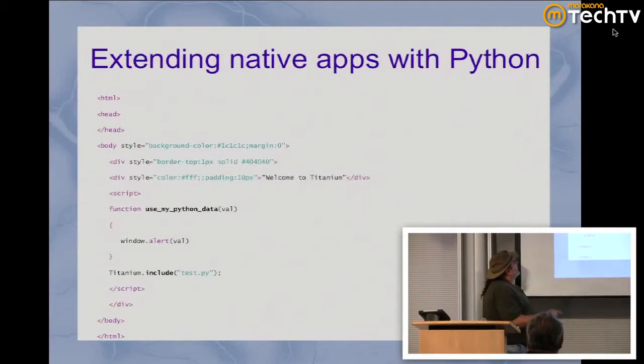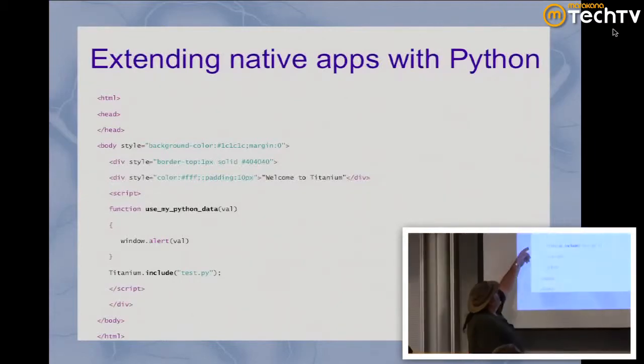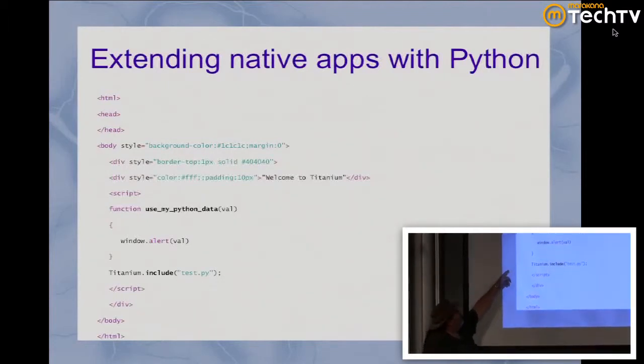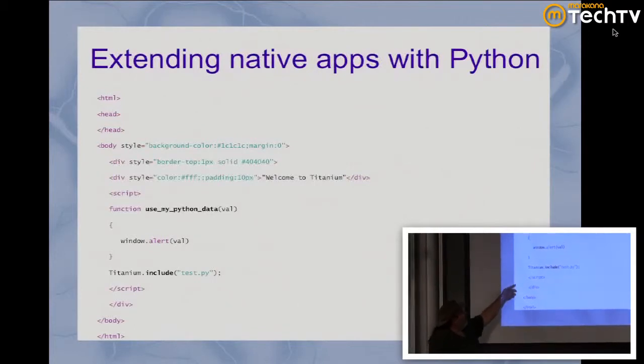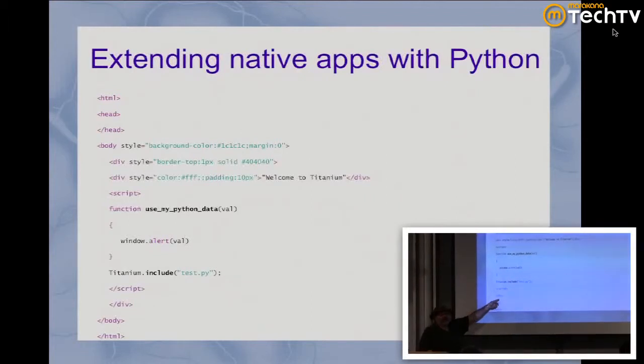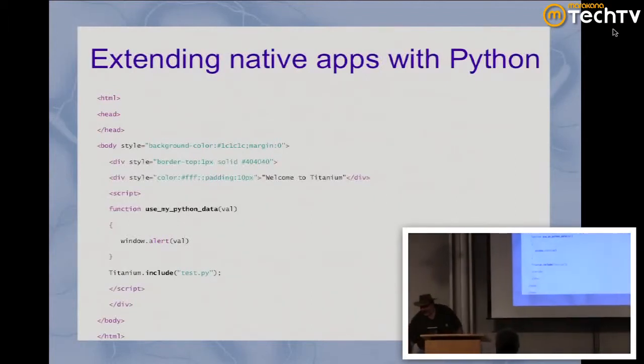And you can see that what I've done here is very simple. I've created a JavaScript function that is called useMyPythonData. I'm including a test.py, which is going to pass to the Python interpreter engine.